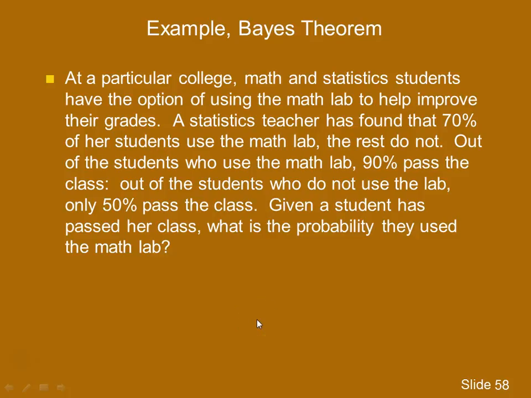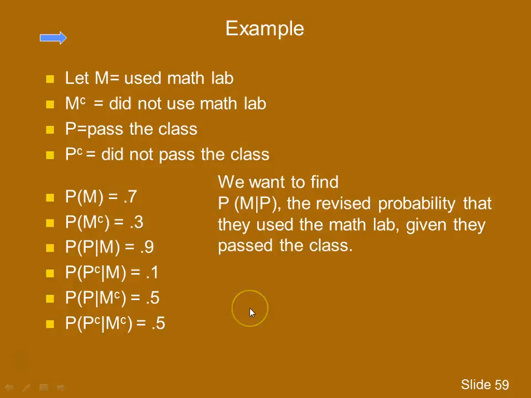Again, we should always approach these problems the same way we approach any problem. We need to identify the variables in the problem. Students either use the math lab or not. Two outcomes to that variable. They either pass the class or they don't. Two outcomes to that variable. So let's start setting up some notation. We'll let M be used the math lab.